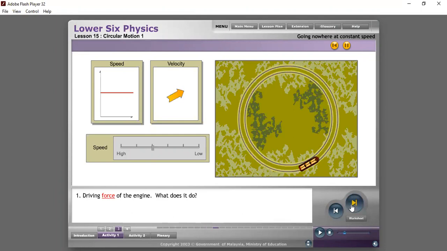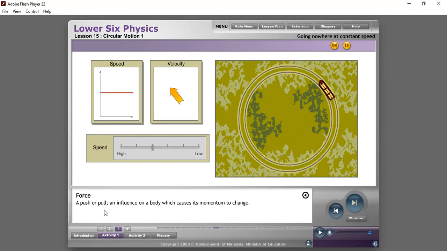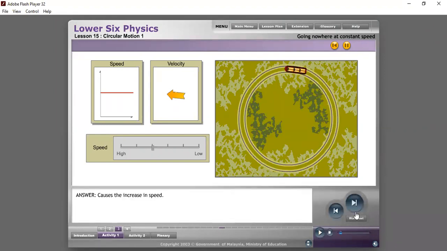One: driving force of the engine. What does it do? So what is force? Force is a push or a pull. Answer: causes the increase in speed. So force is used to increase the speed of the train.